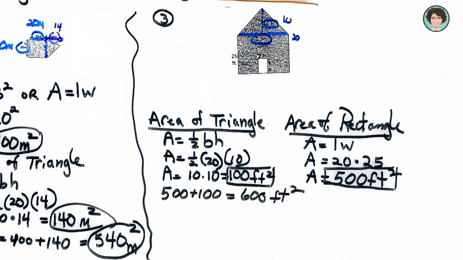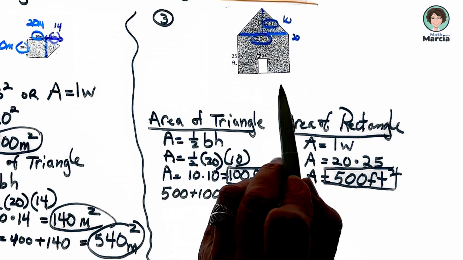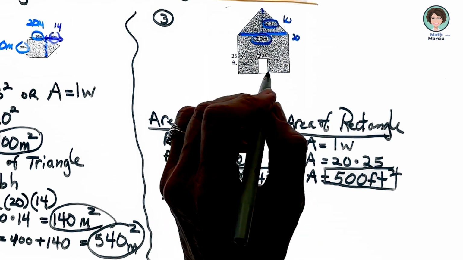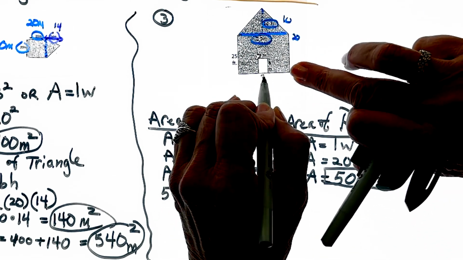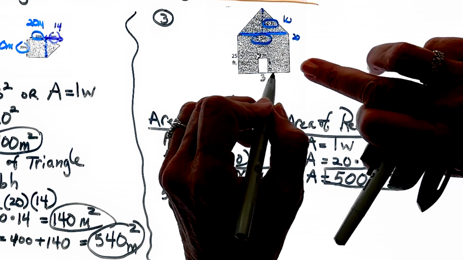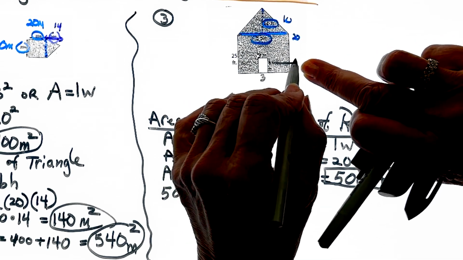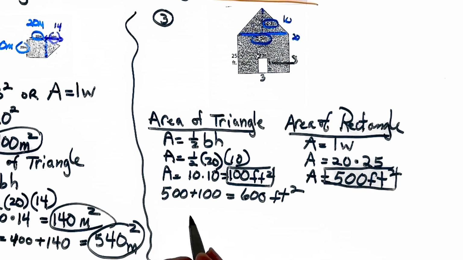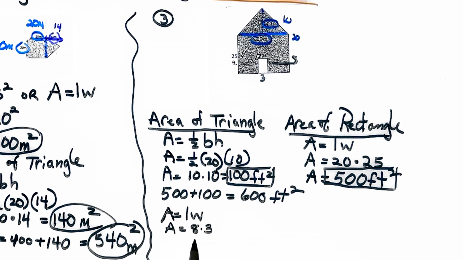But hold on, we have to take away that door because that is not shaded. So the dimension of this is a 3, in case you cannot see that, and the height of the door actually is an 8. So again, a small rectangle, area is equal to length times width. Area is equal to my 8 times my 3.